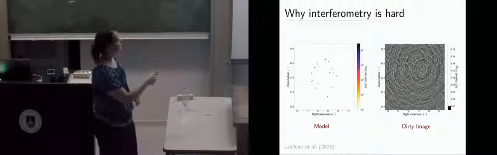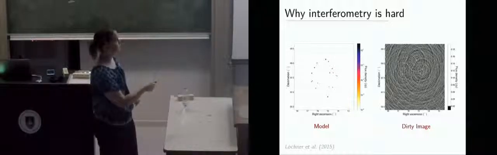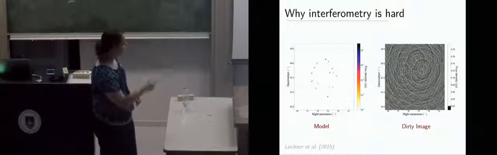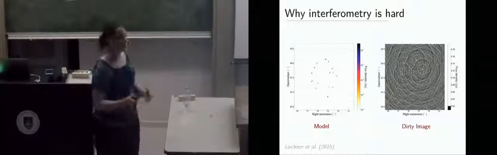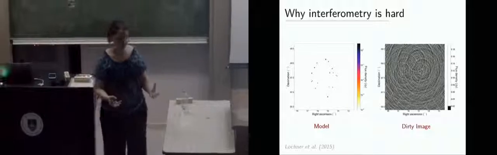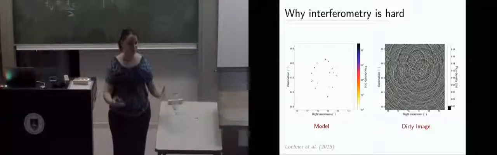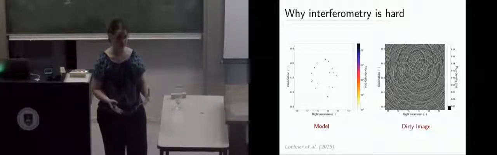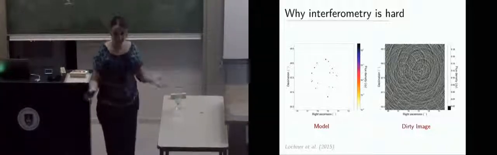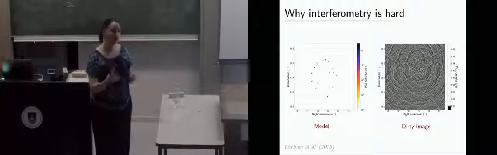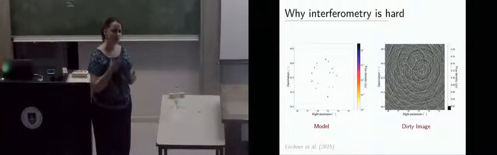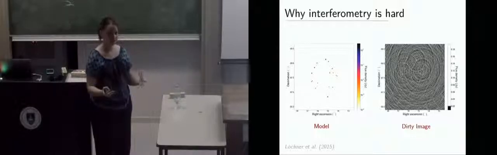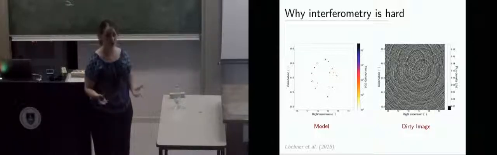This is a problem with convolution, which I think I've already mentioned. All this junk that you see here is simply because you're missing information. So you have to do a lot of work just to get a reasonable image out of an interferometer. We can get really good images now, but they require quite a lot of assumptions. There are quite a lot of choices you need to make in order to create an image, and these choices might be wrong.